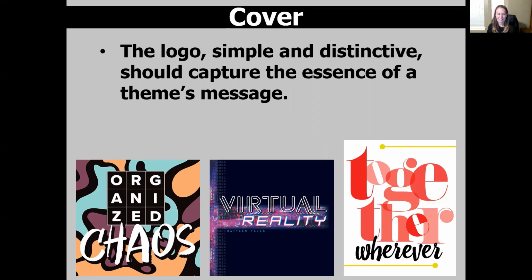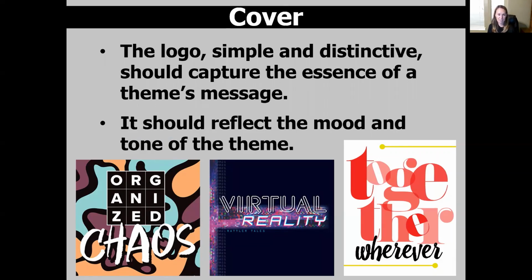Virtual reality in the middle example, the fonts are very virtual, kind of high tech, and then they use the glitch graphic to tie it all together. And the third example, the theme was Together Wherever, and they have beautiful typography on this cover, and it just kind of shows that we are here, we're all together. So they tried to use the theme and then really present it to the reader right there on the cover with a logo.